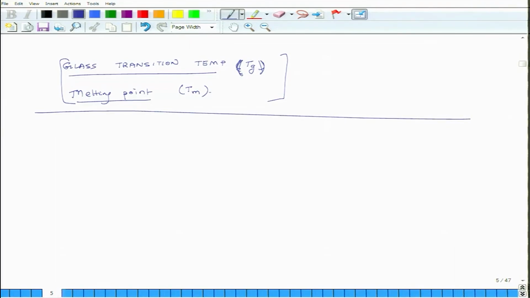Now, with this context, we understand what is Tg and what is Tm. Thermoplastics, we can break them into two groups, okay. First one is amorphous thermoplastics.